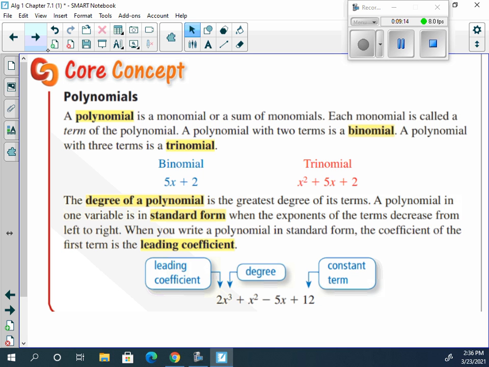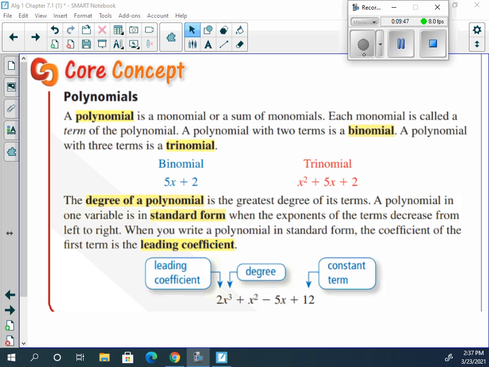There's polygon, polynomial. Anybody have an idea what poly means? Yeah. It's many. Poly means many. So polynomial. So we're talking about more than one nomial, more than one of these polynomial terms.